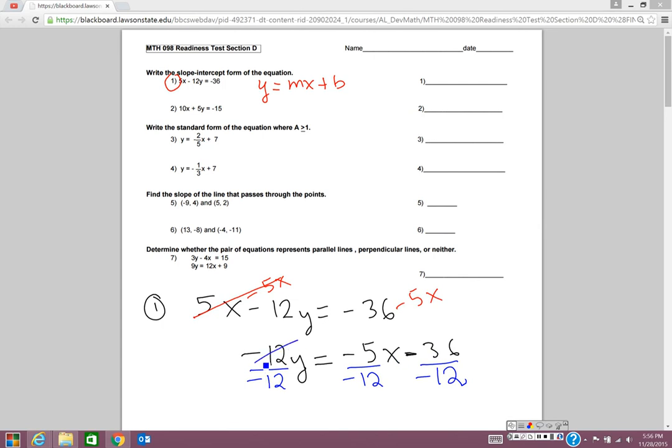Alright, negative 12 divided by negative 12, that cancels. Awesome. So we have y equals a positive 5 over 12x. So why is that positive 5 over 12x now? Because negative divided by negative is positive. Make sure you know your rules before you do math, your integer rules, because that's very important.